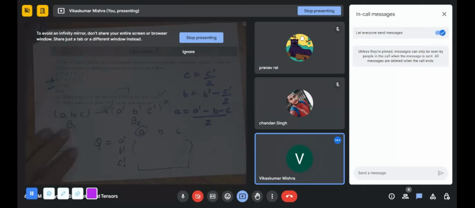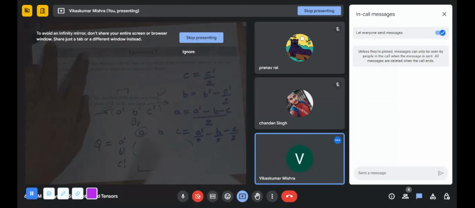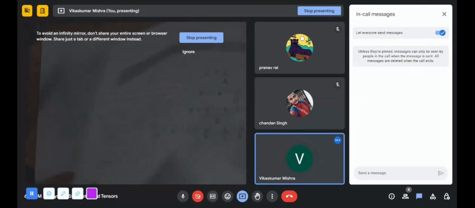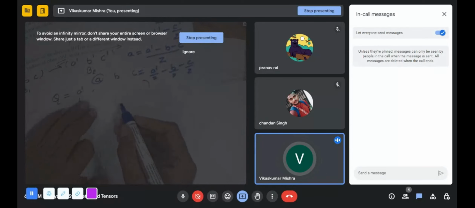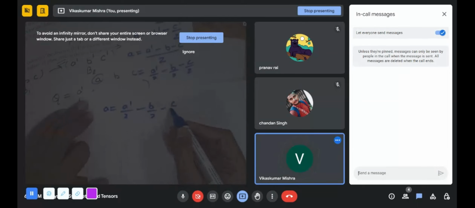We can write this as A dash by 2 minus B by 2 and minus C by 2. So A will be equal to A dash over 2 minus B over 2 minus C over 2. A dash over 2 minus, how can we write B?